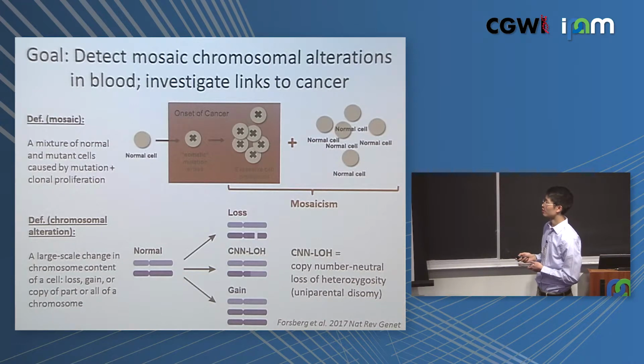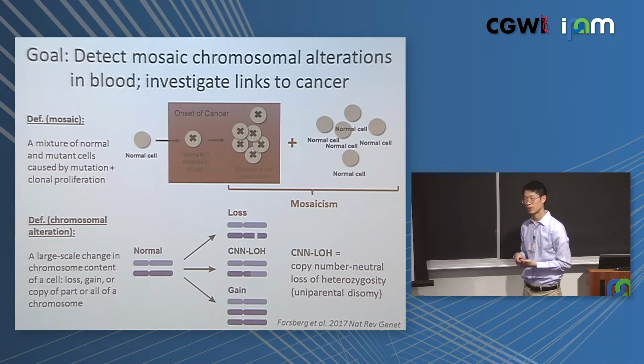So a mosaic chromosomal alteration is just a combination of the two things. When you get one of these events in a cell, and then the cell starts to proliferate, its clonal daughter cells wind up comprising a substantial fraction of the cells in your body.